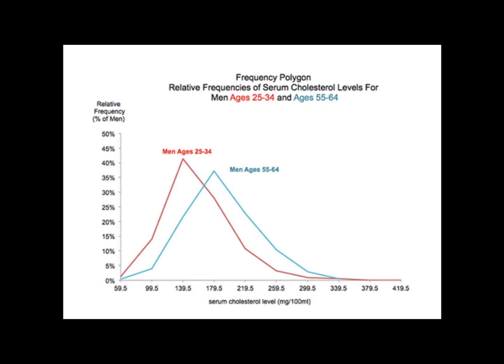Before I move on, I want to point out a very nice usage of color here. Notice that not only are the frequency polygons different colors, so the one is red and the one is blue, but they've also matched the labels and also the title.